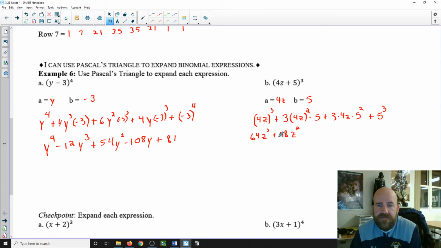Still got to multiply by 5, so 48 times 5, well, I'm just going to write that down.